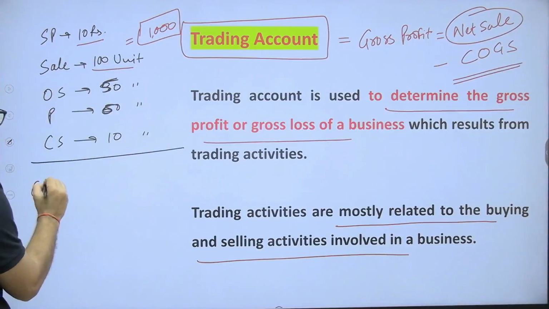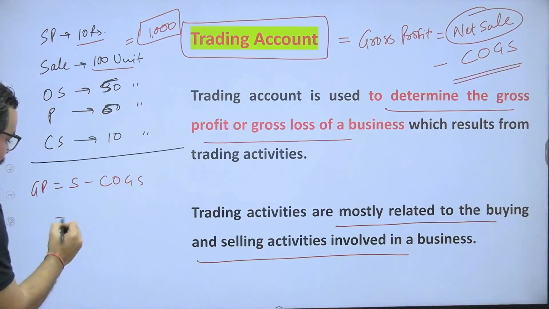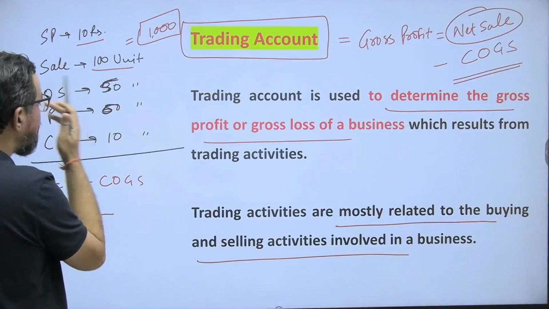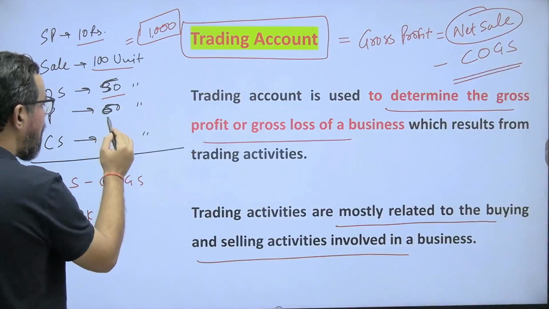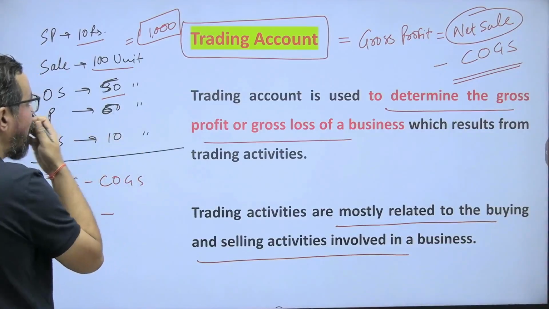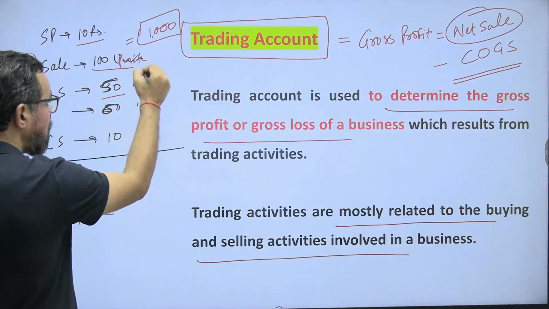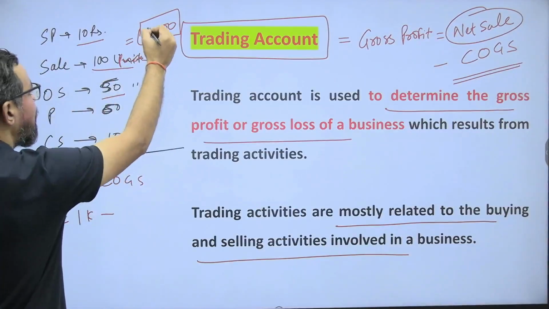So gross profit is equal to sale minus cost of goods sold. So sale is 1000 minus, now you have to calculate cost of goods sold. Suppose your opening stock is 50, and these are all prices, sorry. So sale is, let's say, 100.